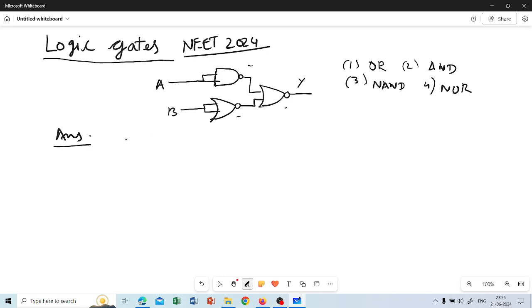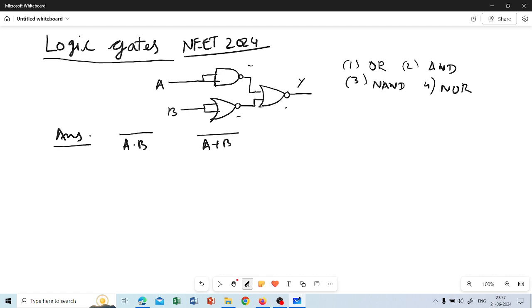If there are two inputs A and B, NAND gate is NOT of AND gate, A dot B whole bar. Similarly, the NOR gate expression is A plus B whole bar. So these two expressions we need to know.